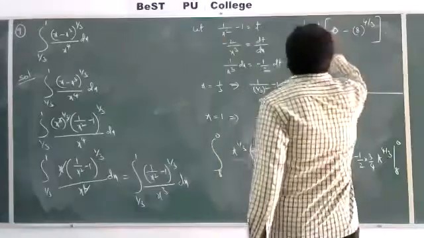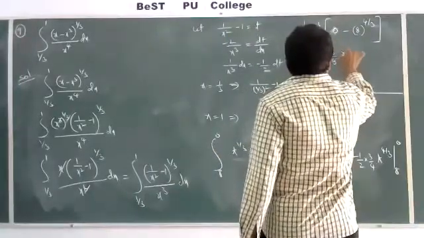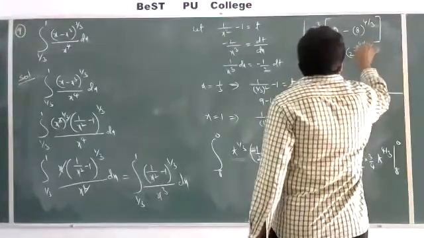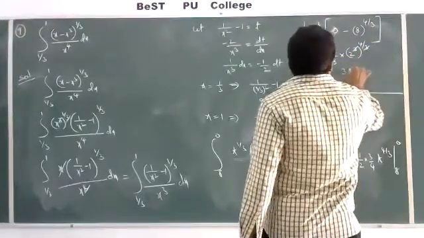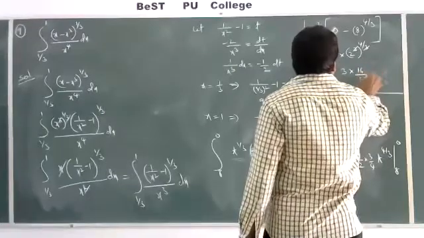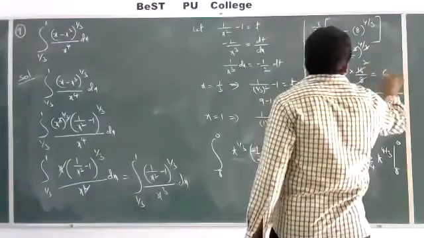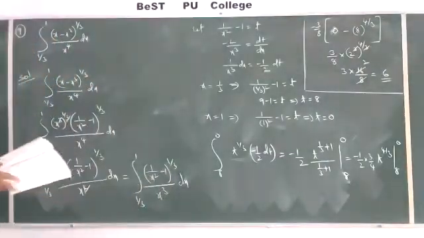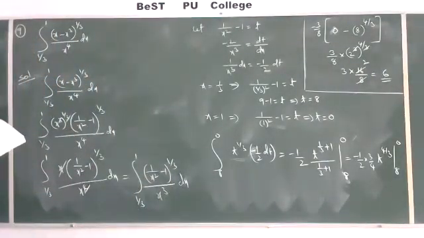Here minus into minus gives plus 3/8 into (2³)^(4/3). The 3 cancels, that is 16. 3 into 16/8 gives 6. So for the ninth problem, the answer is 6.